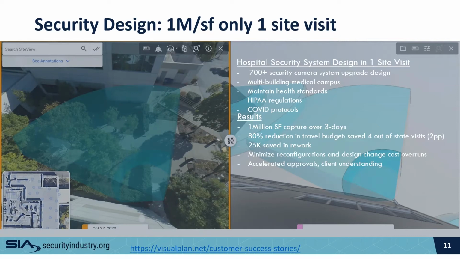So what we found on this 700 camera design upgrade project, a multi-building medical campus during COVID, dealing with HIPAA compliance, all these challenges, what we were able to do is the entire project was designed with only one site visit.